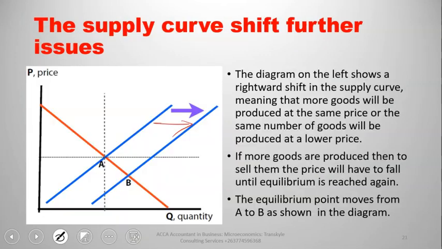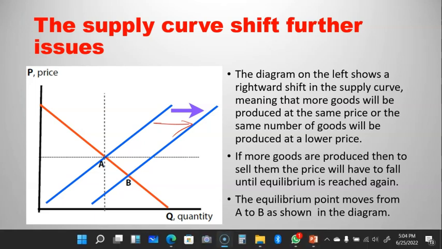So let us see this graph 2. Alright, so this is the graph we are talking about, ladies and gentlemen. The diagram on the left shows a rightward shift in the supply curve, meaning that more goods will be produced at the same price, or the same number of goods will be produced at a lower price.